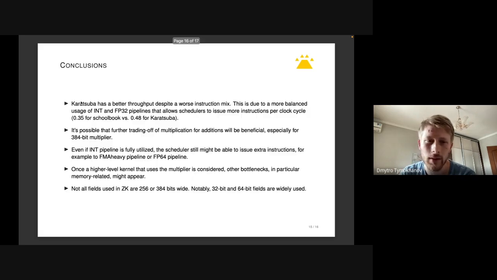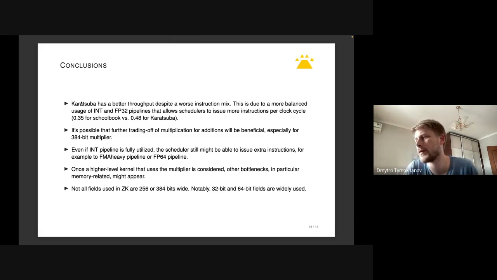And I have conclusions here. If you look at the issue scheduler, the scheduler is much more used in Karatsuba than in schoolbook, but it is still only about half of the cycles that get an instruction from the schedulers on average.